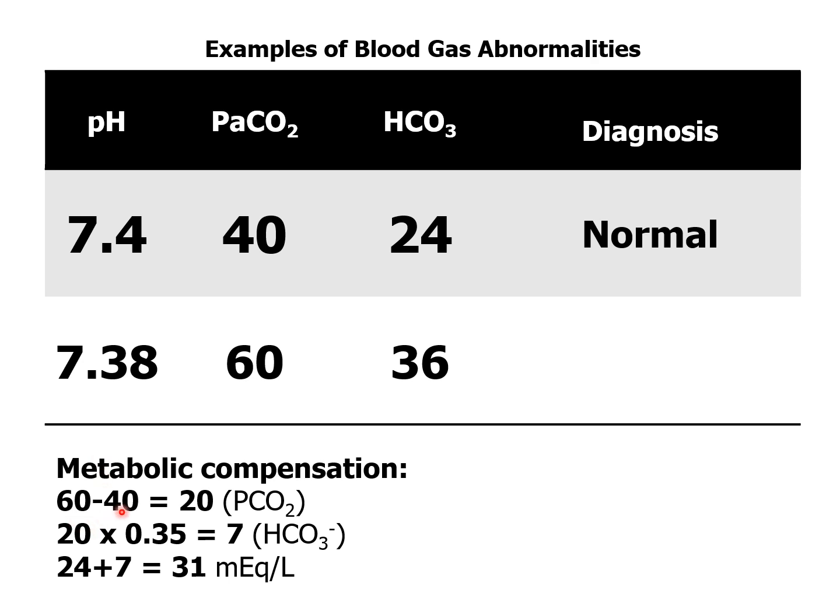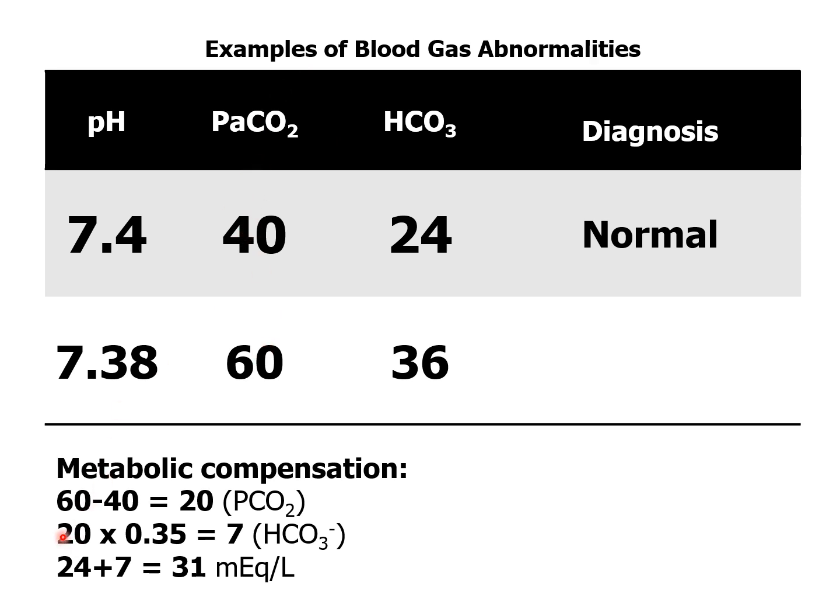So 60 minus 40 is equal to 20 PaCO2. So the difference between the PaCO2 from the normal and the given is 20. So there is a 20 mmHg increase in the PaCO2 compared to the normal.